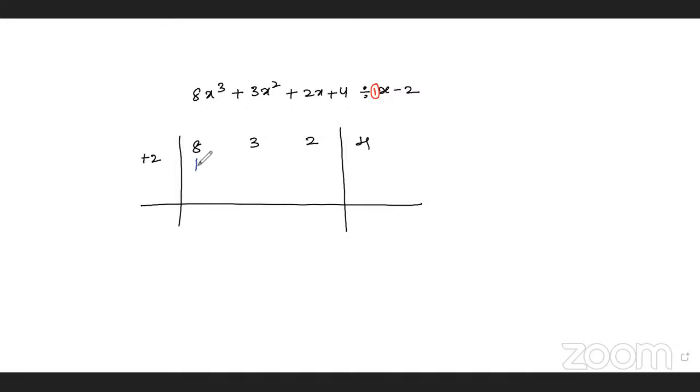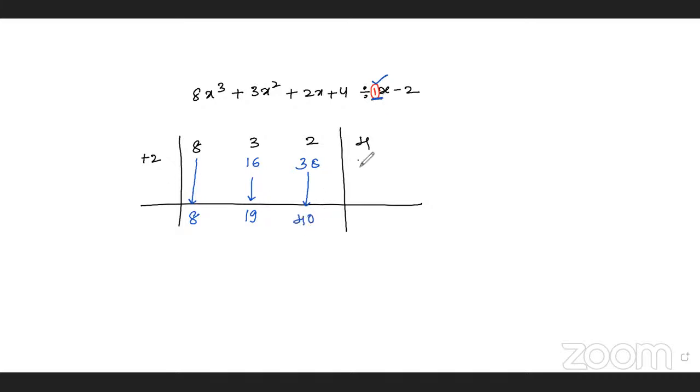So before dropping 8, 8 must be divided by the coefficient of x. Then it gives 8. So 8 into 2, that is 16. So totally 19. Before dropping the 19, you have to divide it by the 1, so it gives 19. So 19 into 2, how much? 38. So now it is 40. Before writing 40, divide it by the coefficient of x, so that it gives 40.